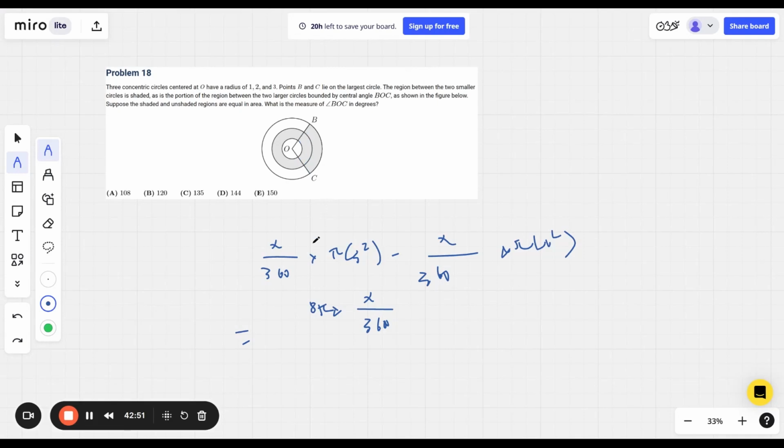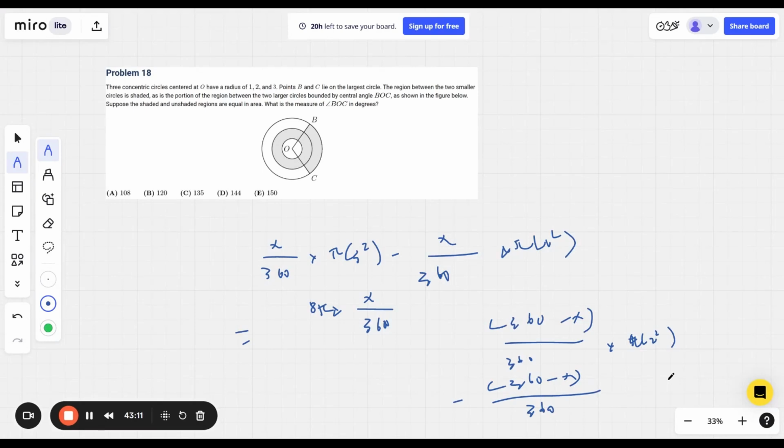And then we have 360 minus x over 360 times pi times 2 squared minus 360 minus x over 360 times pi times 1 squared, and that should be equal to 3 times 360 minus x over 360 times pi. And so we just add those together.